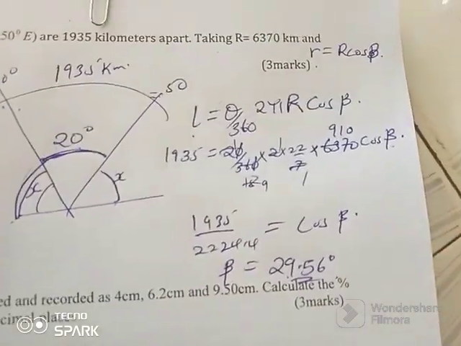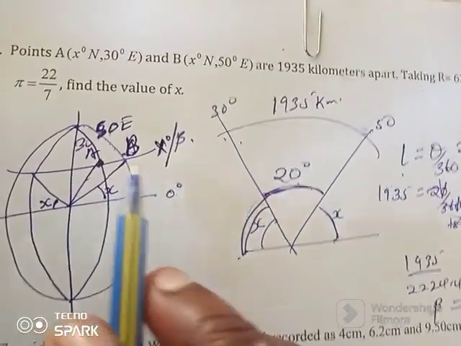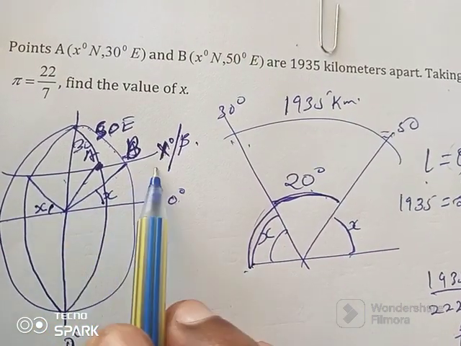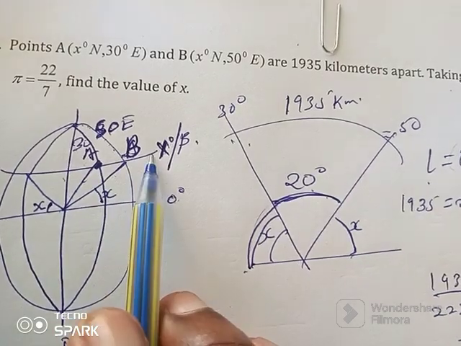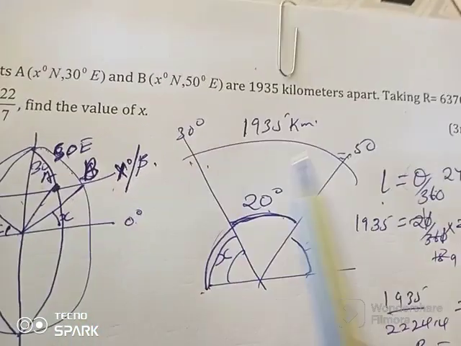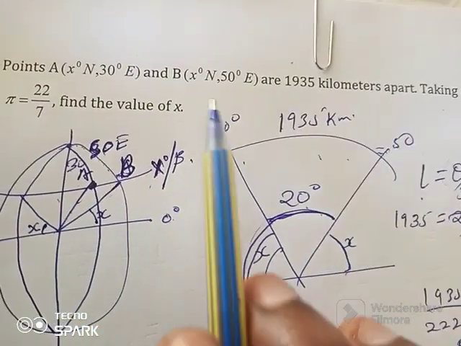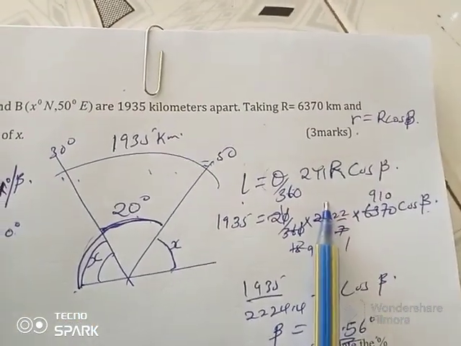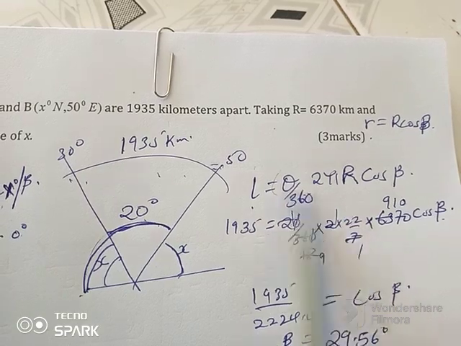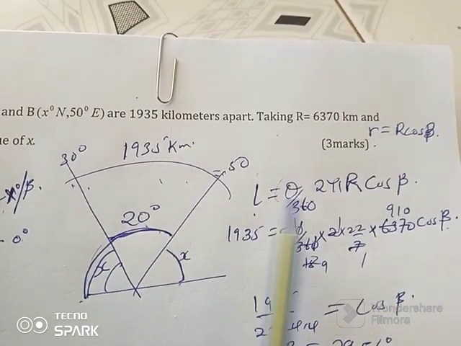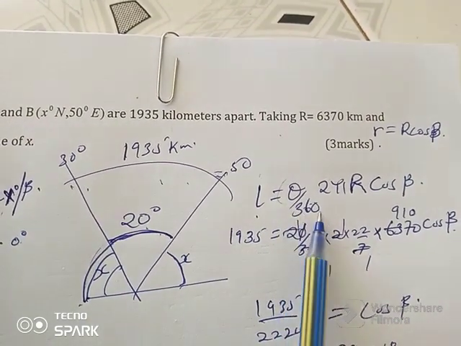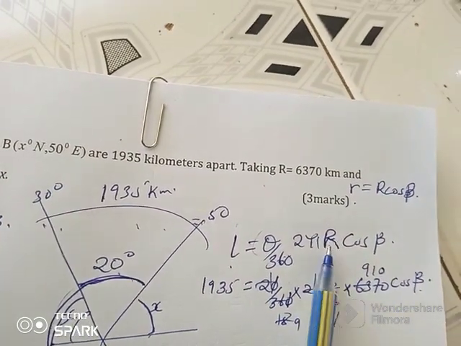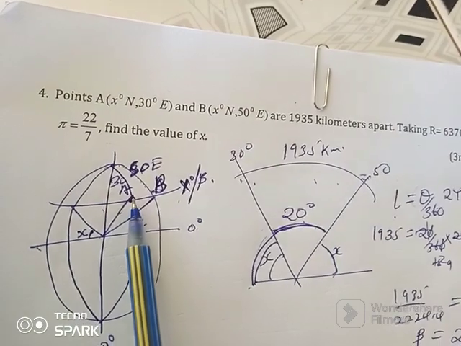So what were they asking? Find the value of X. Very easy, guys. Interpretation of the diagram is what matters. These two towns were on the same side, they were all on the east, so we are going to get the difference between the angles. Distance was already given. So we just equate to a normal formula of getting the arc length, theta over 360 times 2 pi r, where the r we had here is for a smaller circle.